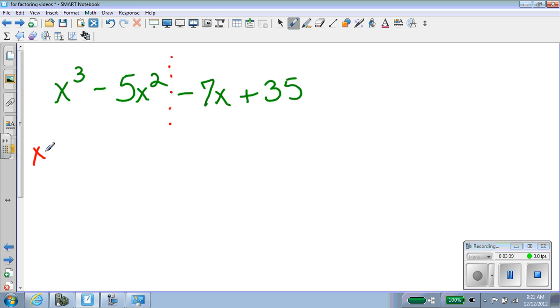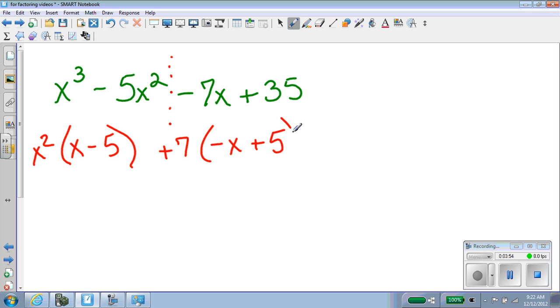Okay. These have x squared in common, leaving x minus 5. These have 7 in common. If I factor out just positive 7, I'm going to have negative x plus 5, which is not the same. So I'm going to need to do this a little differently.